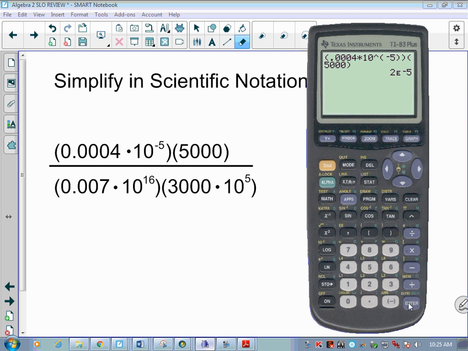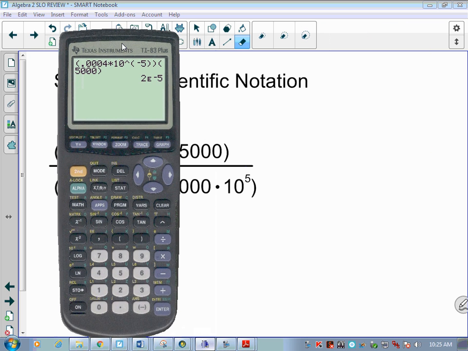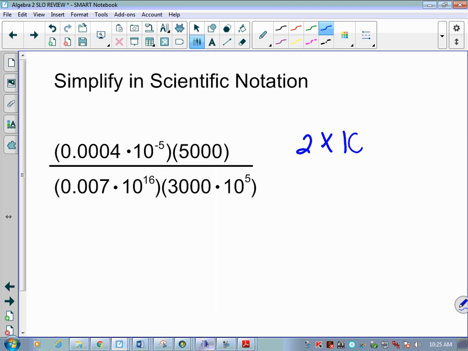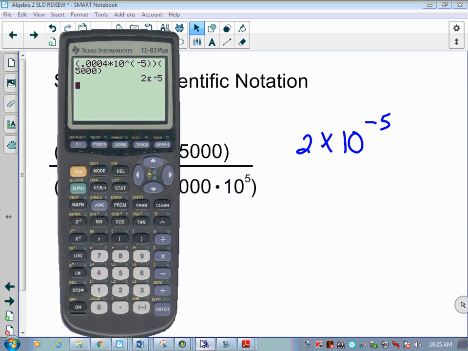Notice that my calculator gives me the answer in scientific notation: 2E to the negative fifth. That means 2 times 10 to the negative fifth, which is already in scientific notation, correct? You might want to try that and make sure you can get 2E to the negative fifth out of that.